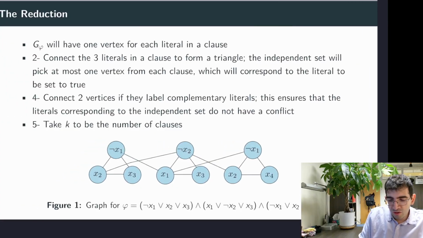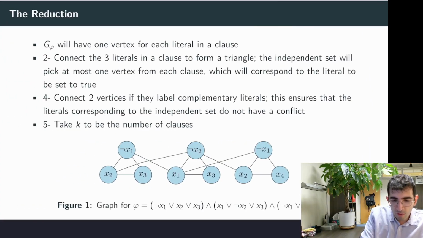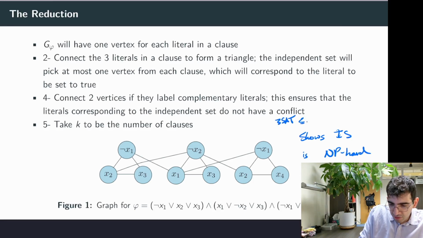So this right here shows independent set is NP hard because it's reduced from 3SAT, which is reduced from SAT, which is reduced from every other NP problem, thanks to the Cook-Levin theorem.